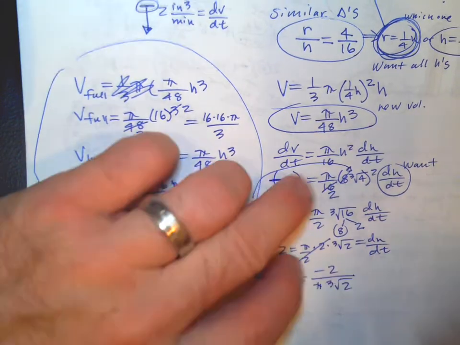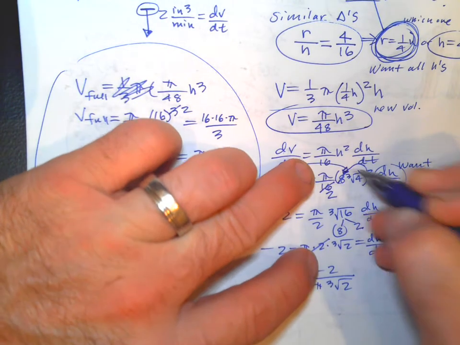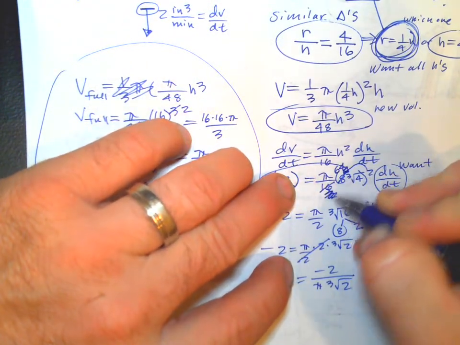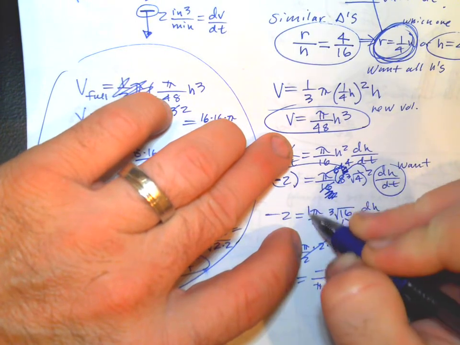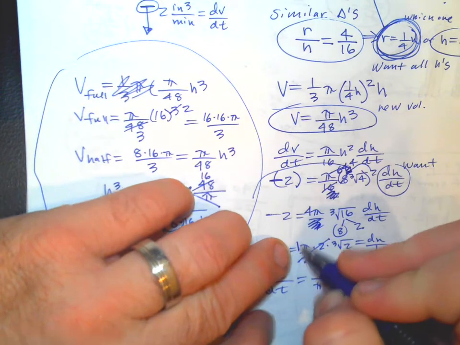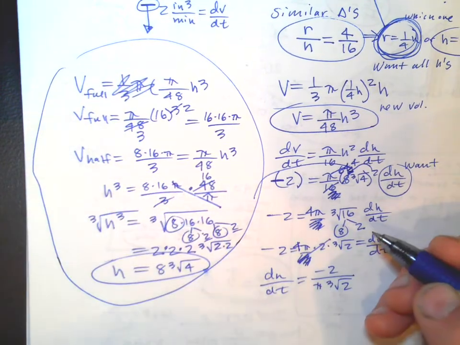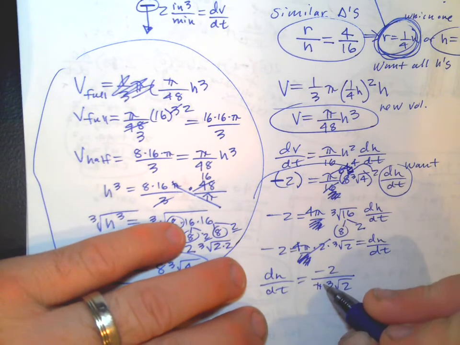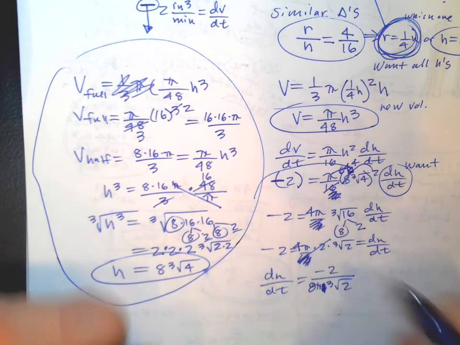Oh, shoot. I was supposed to square the 8 to get a 64. So then when I reduced it here, there should be a 4 here. So there should be a 4 here. So this is going to be 8 pi cube root of 2.